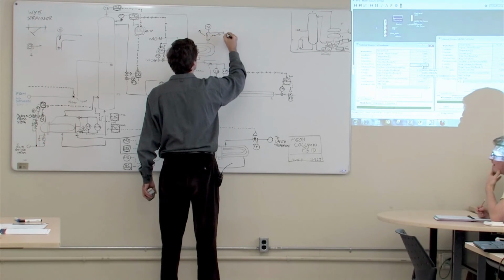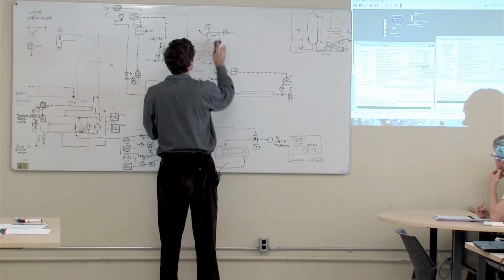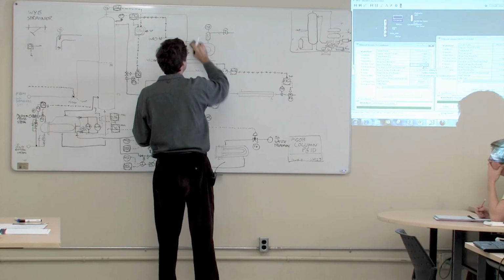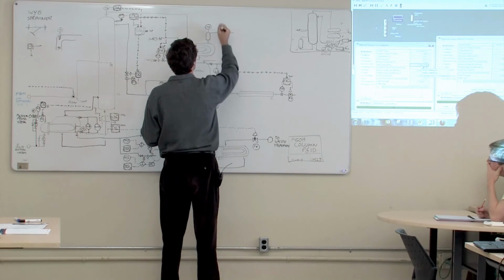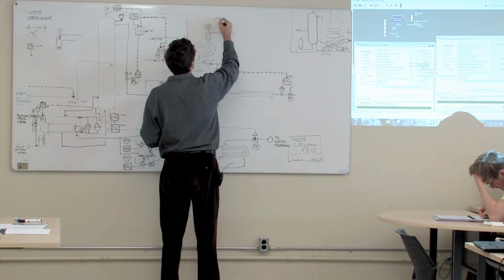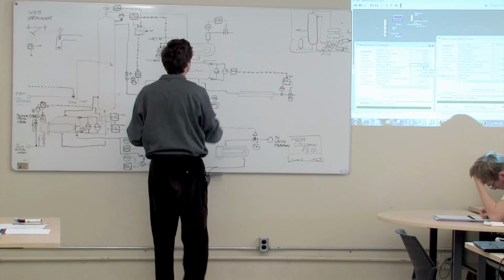And put a valve in like that. Okay, so I'm going to get rid of that because that's not part of the process. It's not what you normally put on a P&ID. Put a TIC in there, and that could be just an on-off valve. You might only open that once in a blue moon, or we can make it continuous like that.